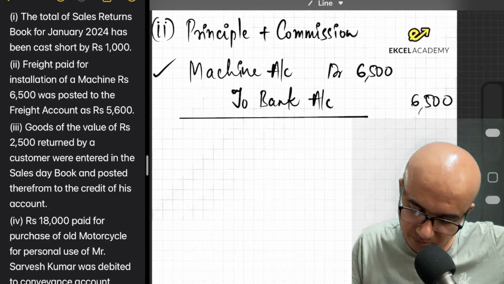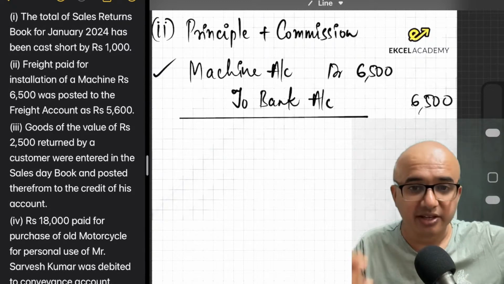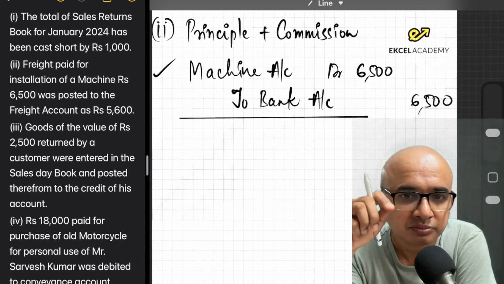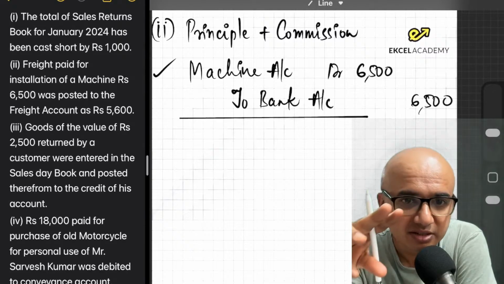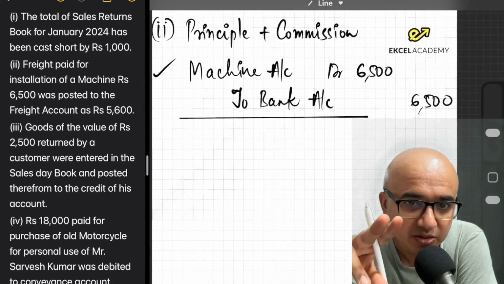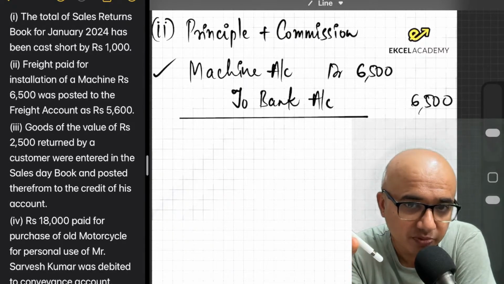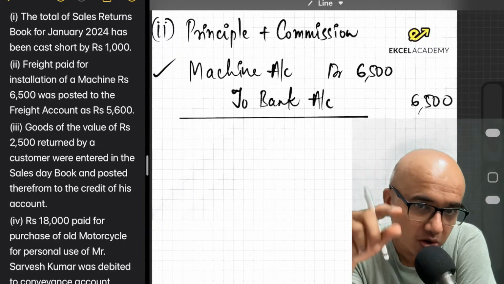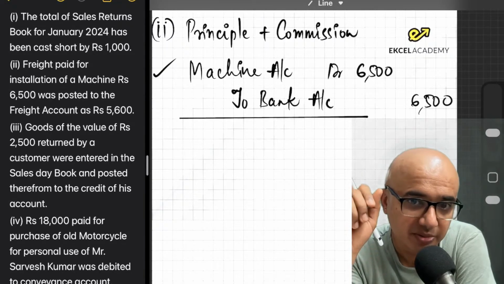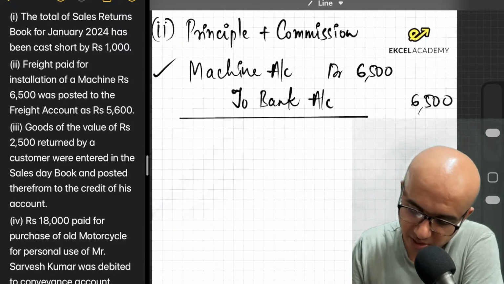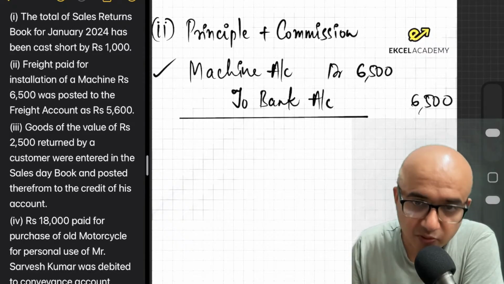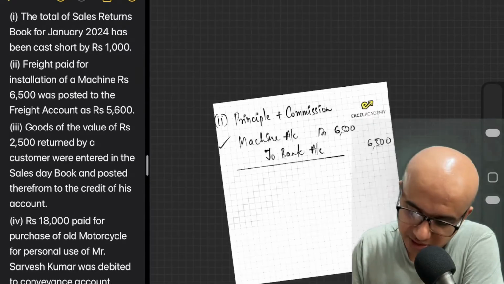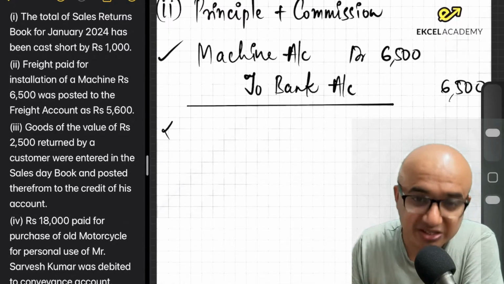Here again, we have to make an assumption. They said it was posted to freight account. Have they recorded it correctly in the ledger and only made the mistake while posting? We'll assume so. That means instead of posting to the machinery account, they have posted it to the freight account. So the mistake is this.